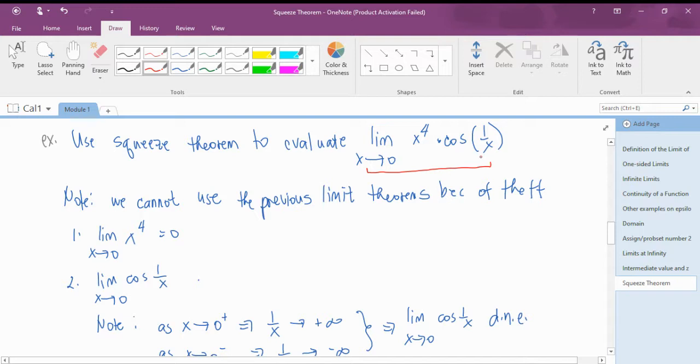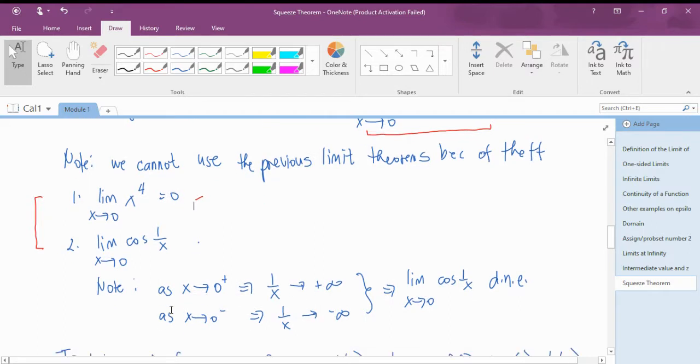But if we look closely, we cannot use that limit theorem, because of these. Number 1, the limit of x raised to 4 as x approaches 0 is equal to 0, so we have no problem with the first limit. But let's look at our second limit, the limit of cosine of 1 over x as x approaches 0.